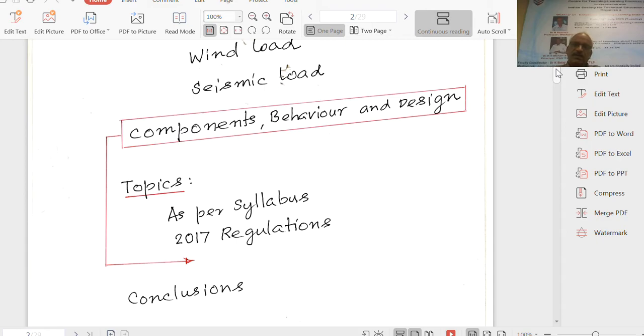Of course, of this, 50% of the design already has been dealt with in the elementary RCC or design of elementary concrete structures. Right. So we only have to realize this topic will look like a very big topic, but it is not a big topic because 50% we have already done in earlier cases.